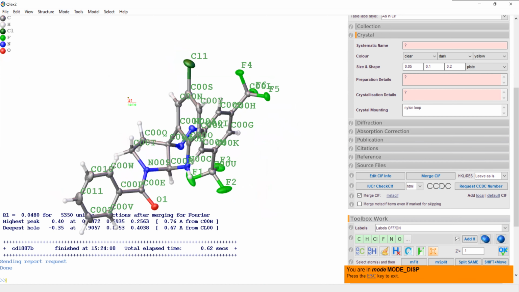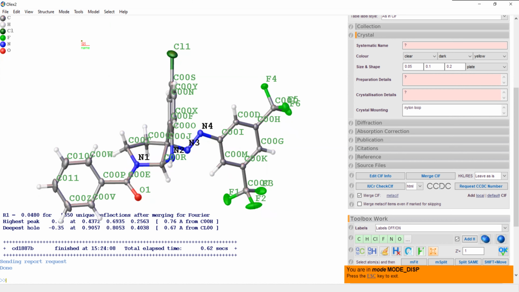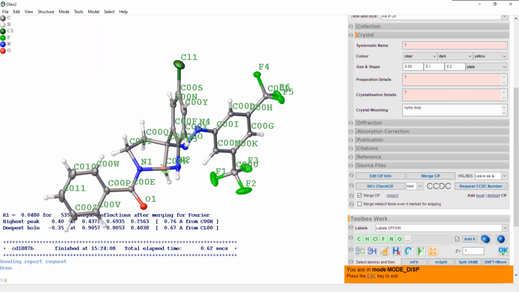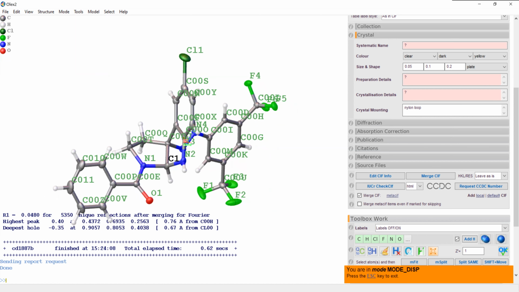Now for the nitrogens, I'm going to first do this ring here. I'm going to start here, N1, N2, N3, N4. Then we do mode naming again for the carbons. So for carbons, C1, go around like this.